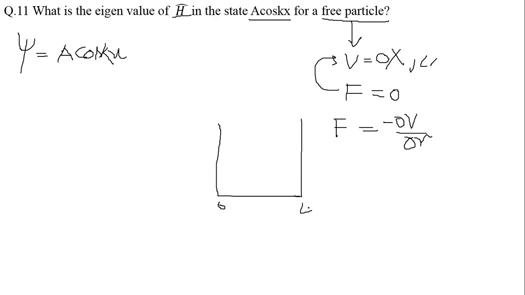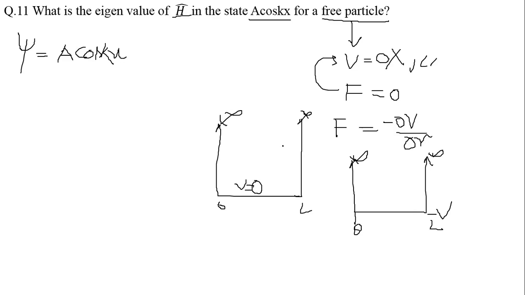From 0 to L the potential was 0, but outside the potential was infinite. Similarly, suppose from 0 to L the potential is V. In both cases the potential is uniform, so there will be no force on the particle, because the spatial variation of potential results in a force. So it is also a free particle.